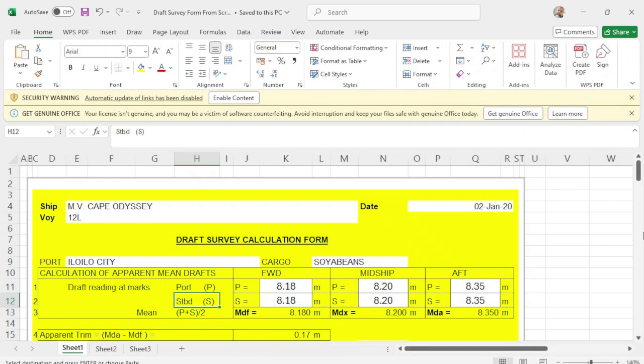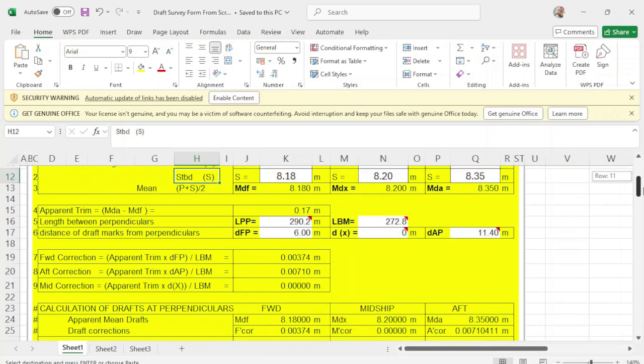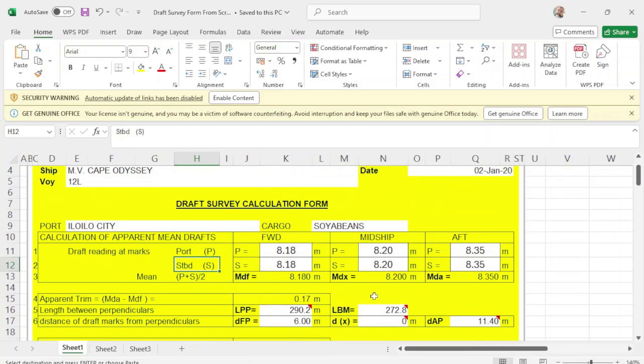Now assuming in your initial draft survey you have already filled in these figures: the draft forward, aft, mid, your LPP, the forward correction, LBM, and aft correction. You fill in the white cells, guys, the white color.